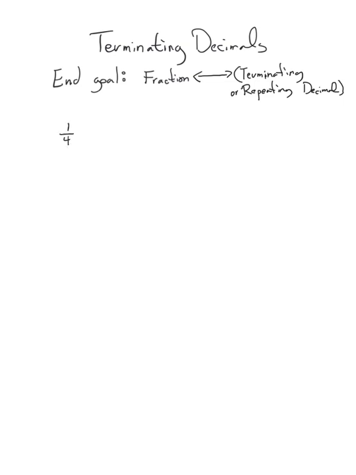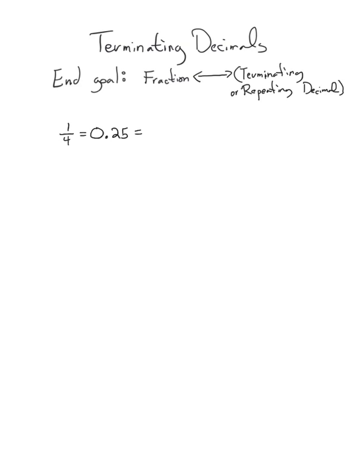So if I wanted to represent a quarter as a decimal, well, I think we all know how to do that. That is 0.25. Long division will get you there too. No problem. It's a nice terminating decimal. It doesn't repeat forever. It just stops. But we know how to write decimals as fractions.